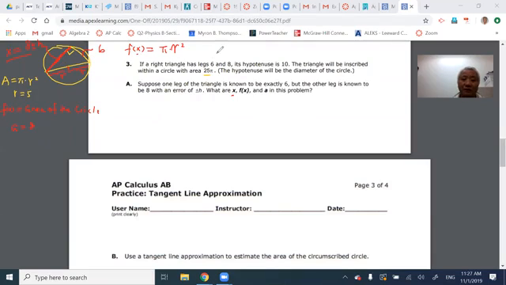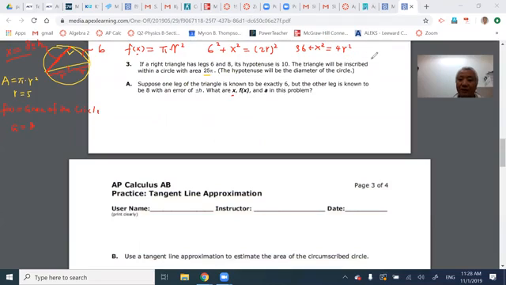We use geometry. We have the Pythagorean theorem there. 6 squared plus x squared equals, no, 2r squared, because 2r is the diameter and also the hypotenuse. So we get 36 plus x squared equals 4r squared.